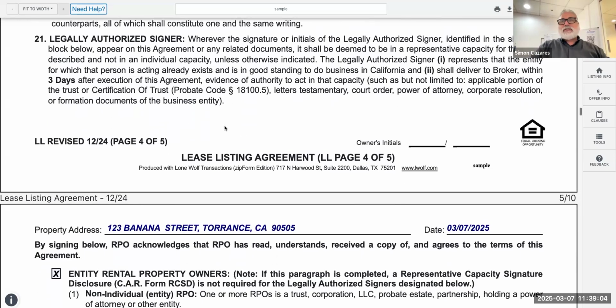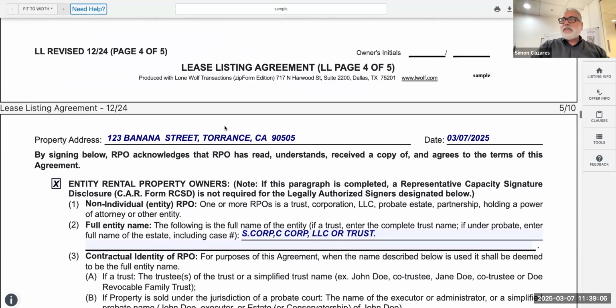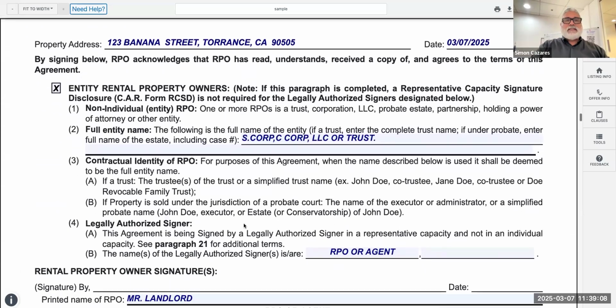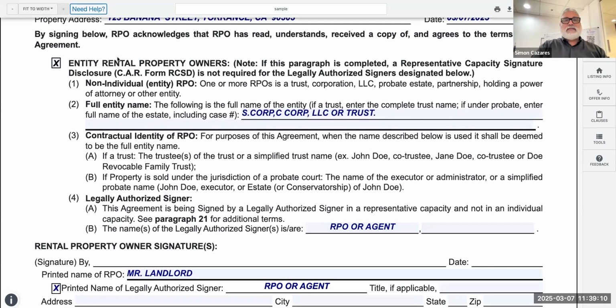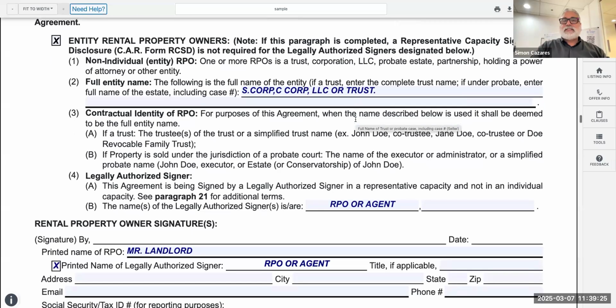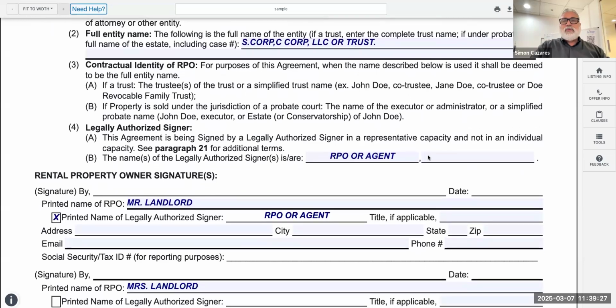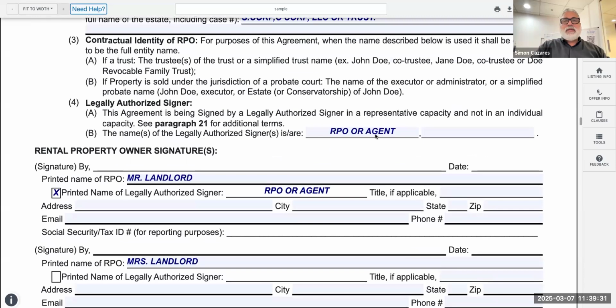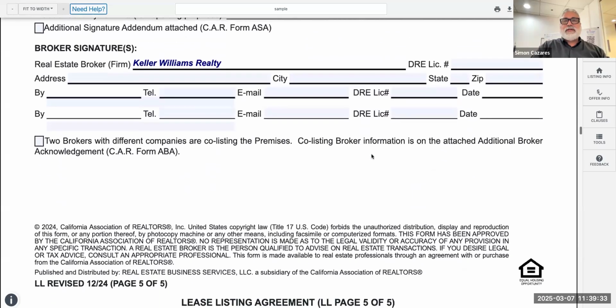Legal authorized signers are the people that are obligated to sign the agreement. And then the last part of it here is that if it is an entity rental property owner, a corporation, LLC, any of these, then you're just going to put the information of who is the authorized person on behalf of the S Corp, C Corp, LLC, or trust. Okay, you or the owner can sign. The legal authorized signer will go here, and then all of the information there.